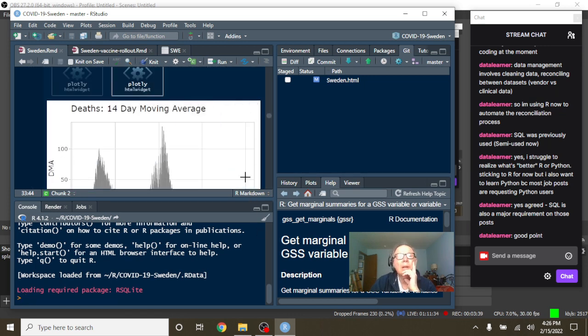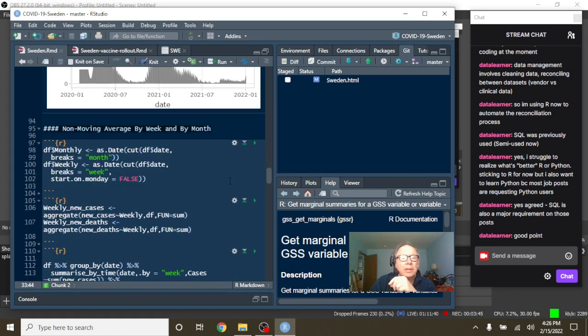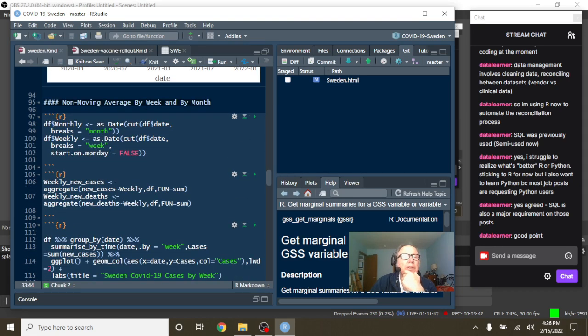Huh. Okay, that's kind of strange. So let's just come down here and take a look at some of these numbers. This says non-moving average by week and month.